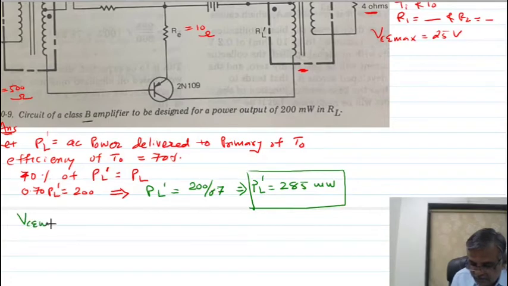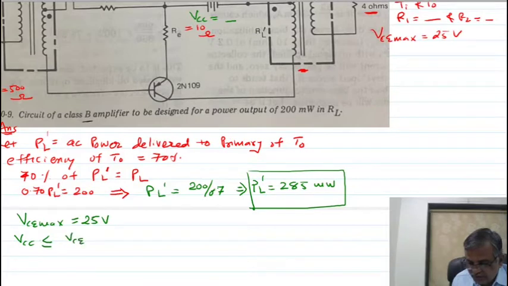VC maximum they have given is 25 volt. From this you can decide the value of the power supply. What should be the voltage of the power supply? We know this equation: VC should be less than or equal to VC max by 2. From this, my supply voltage should be less than or equal to 12.5 volt.